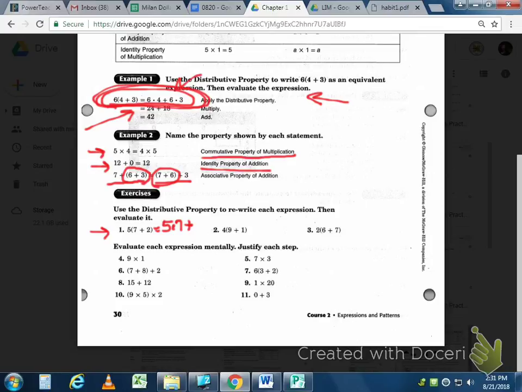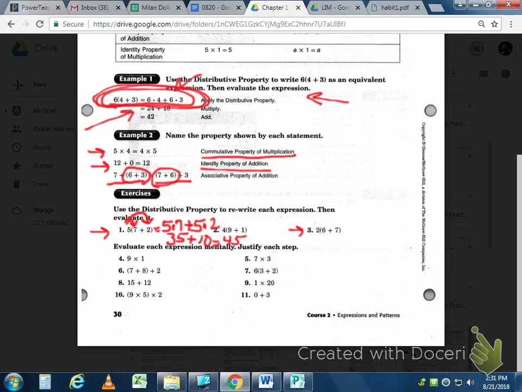It was 6 times 4 plus 3. So 5 times 7 plus, we took 5 times 7, and now we need to take 5 and do what with it? Now 5 times 2. What is 5 times 7? 35. And what is 5 times 2? 10. So a total of 45. All right, so we better practice this a little bit more.